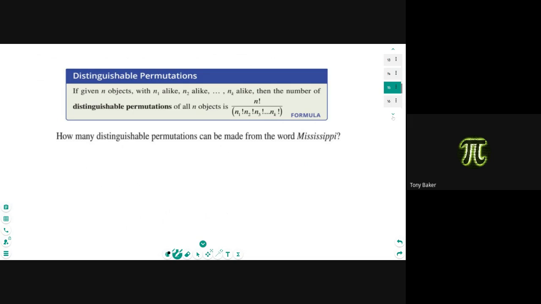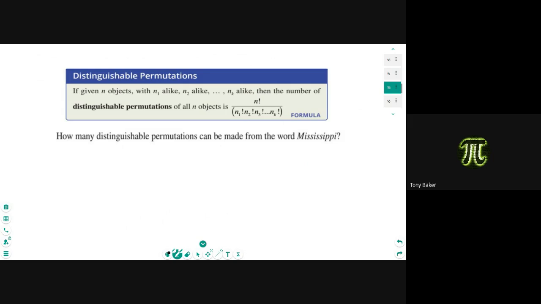All right. Distinguishable permutations is a special situation. This is a situation where you will need to use the exclamation points. So in the last problem we had 7 different individuals running. They were all different.